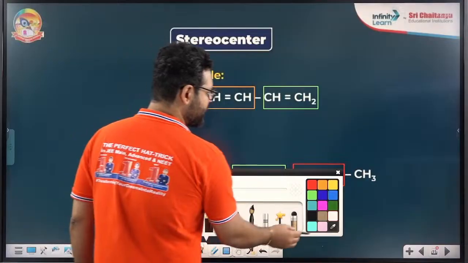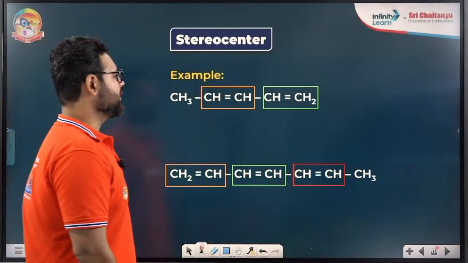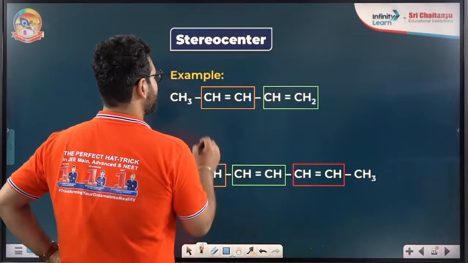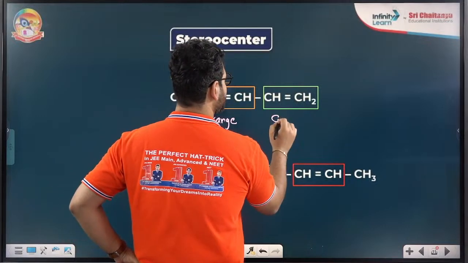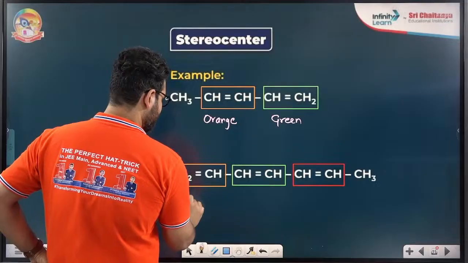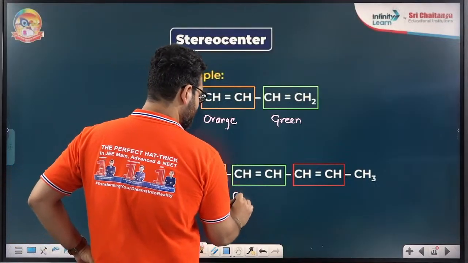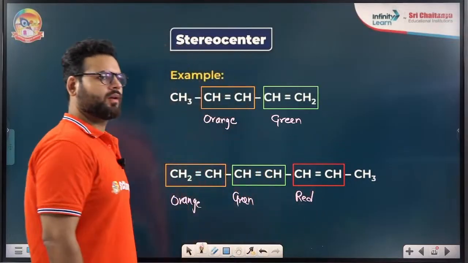Who is acting like a stereo center? Just find the stereo center for me. So that is the question.